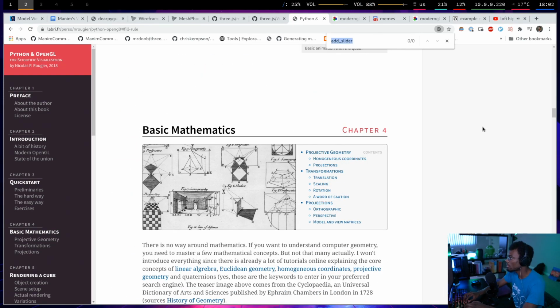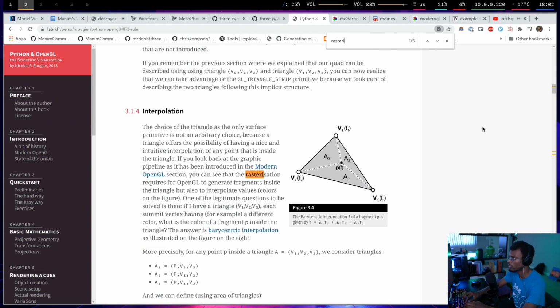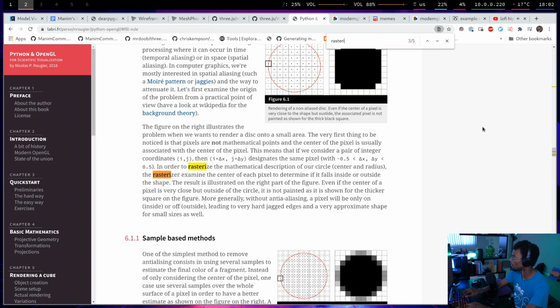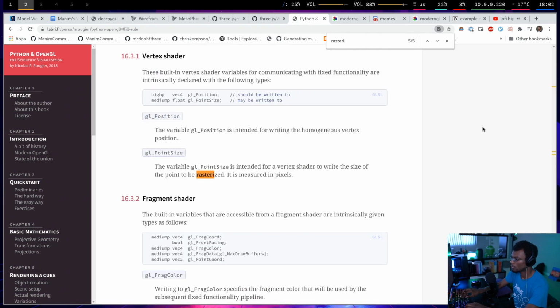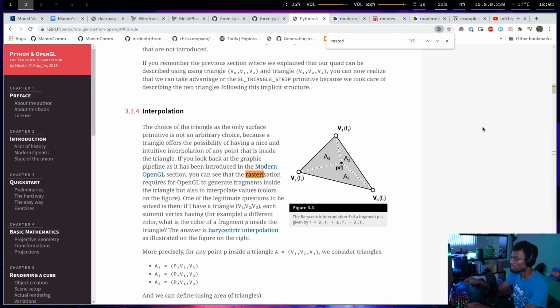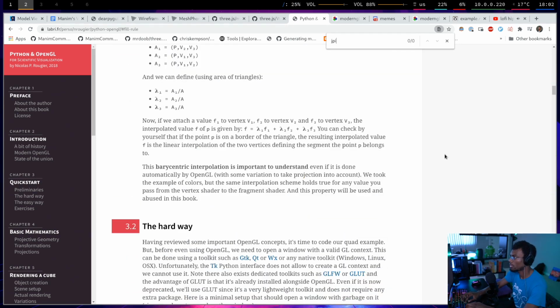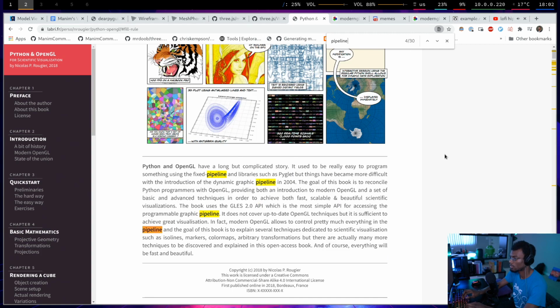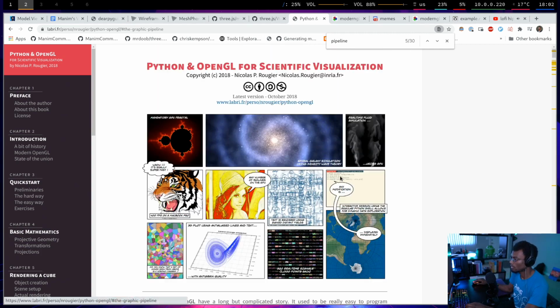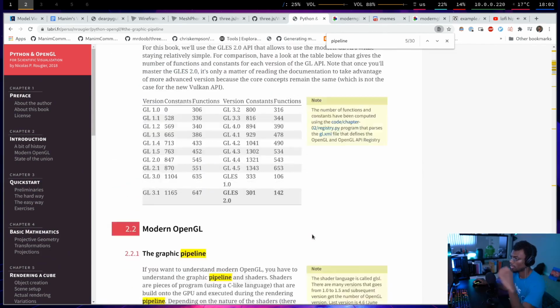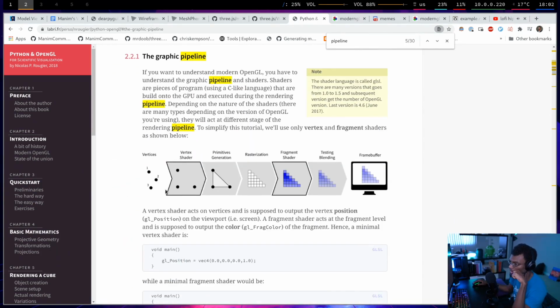How do I find this? I think this involves rasterization. Is it here? Surely. I feel like this isn't... Okay, here it is.